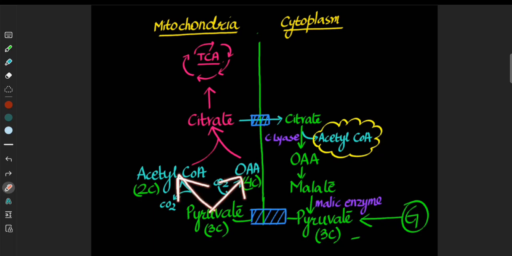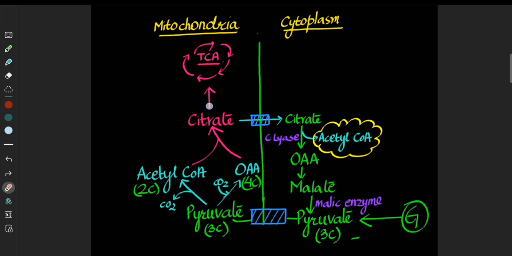It can either undergo decarboxylation, meaning removal of 1 carbon, and then after 3 carbon it can become a 2 carbon compound, and this 2 carbon compound is known as acetyl-coenzyme A. Now this pyruvate can undergo carboxylation, that means addition of one extra carbon, and then it can become oxaloacetic acid, which is a 4 carbon compound, right? Now, acetyl-coenzyme A and oxaloacetic acid can react with one another and synthesize citrate.